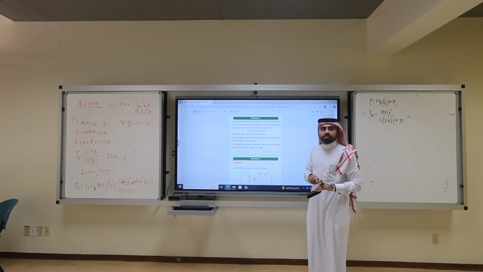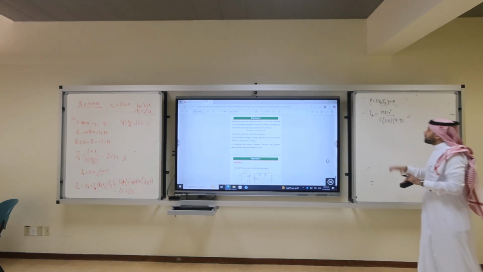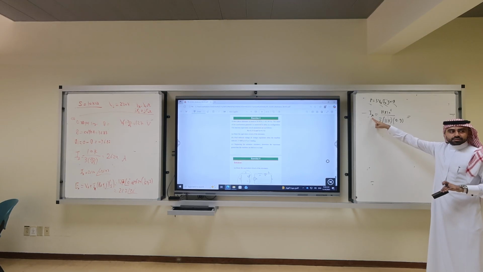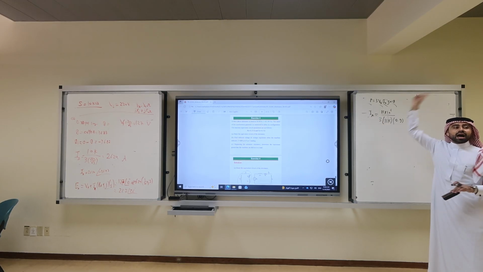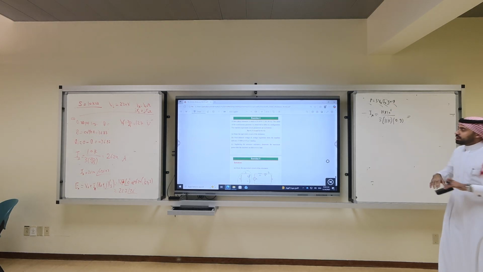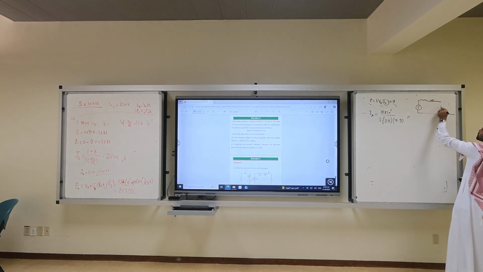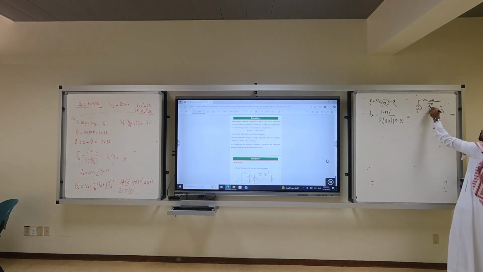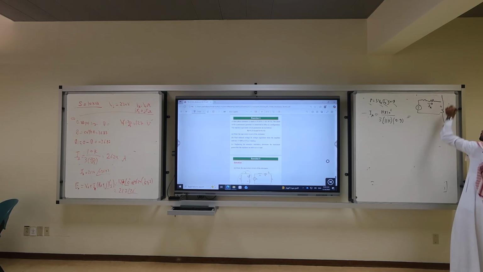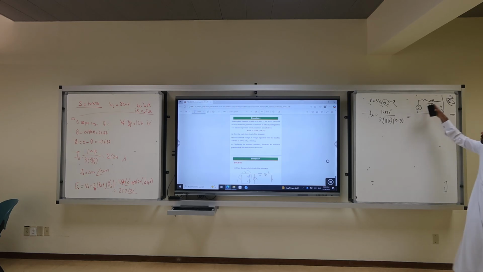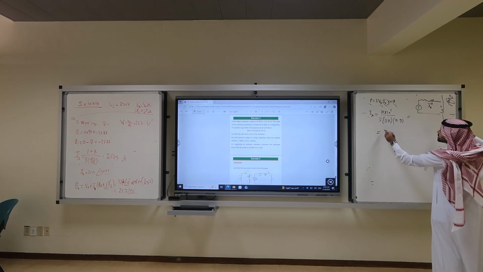Root 3 for the current? No, because this current is the phase current, not the line current outside the device. We calculate the current in the single phase equivalent circuit, which is IA. Outside, when it is delta connected, the I line has the square root of 3. Understood? For the power equation, we look at the power in the single phase equivalent circuit, so it doesn't matter. Clear? So what is the answer?